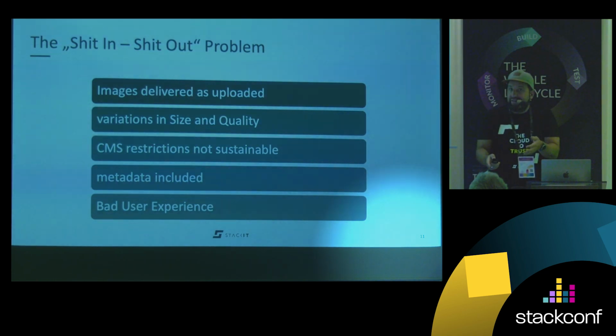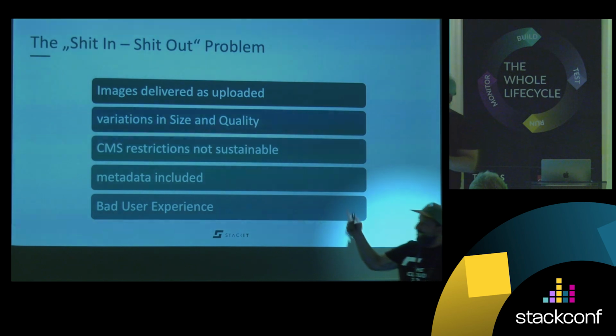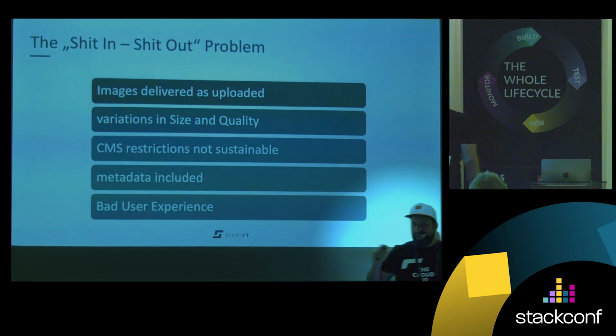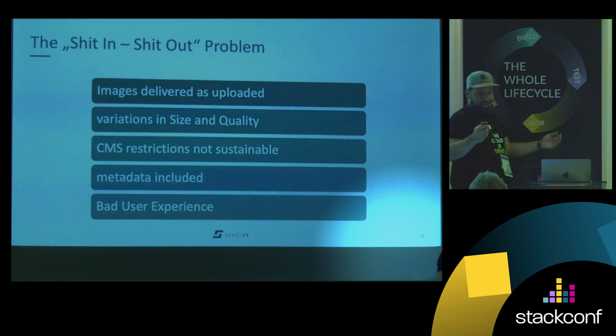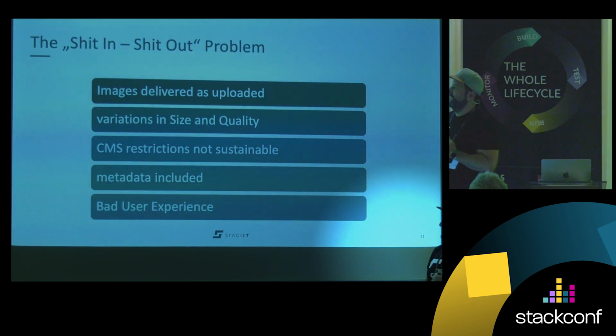And of course, it's a bad user experience for us. As we've seen before, somebody even resized the pictures for the conference page to 500 pixels, but still the image size is 1.7 megabytes. So just resizing the pixels doesn't work.